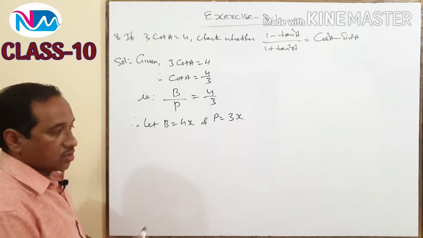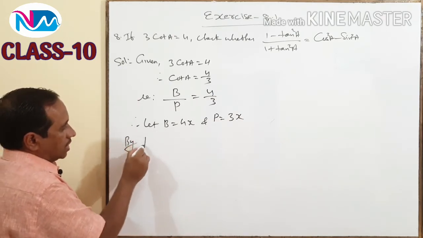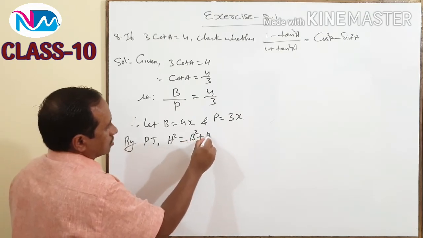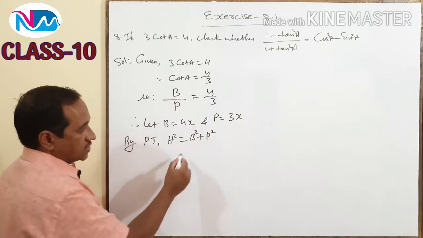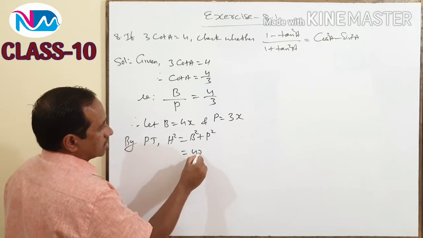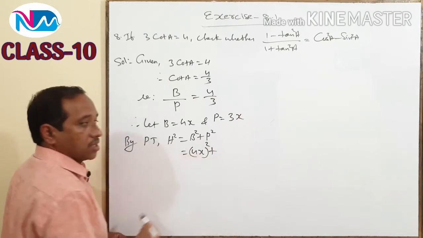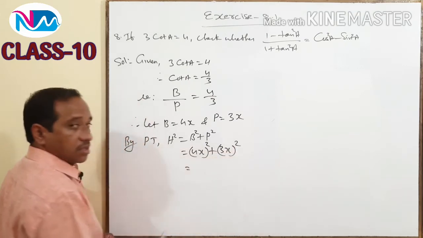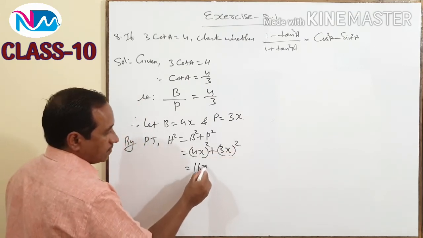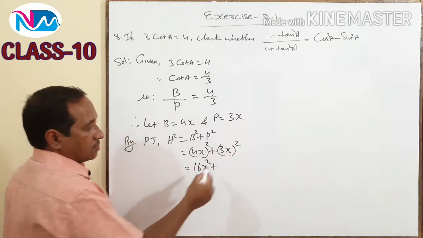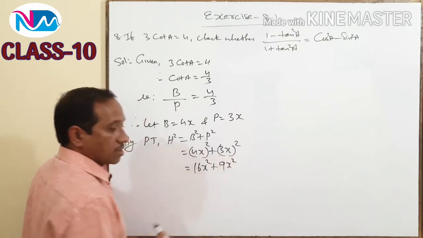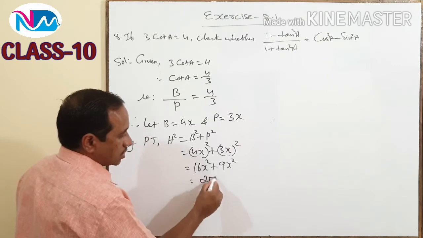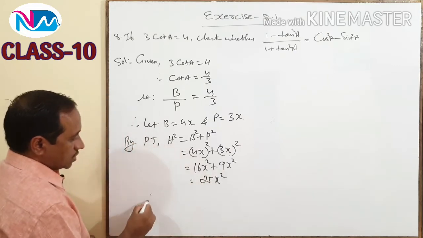Now we will use Pythagoras theorem. By Pythagoras theorem, h square is equal to b square plus p square. b is 4x the whole square plus p is 3x the whole square. 4x the whole square is 16x square plus 3x the whole square 9x square. 16x square plus 9x square is 25x square.